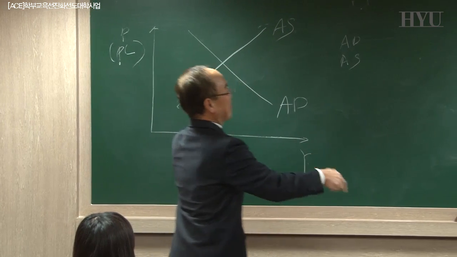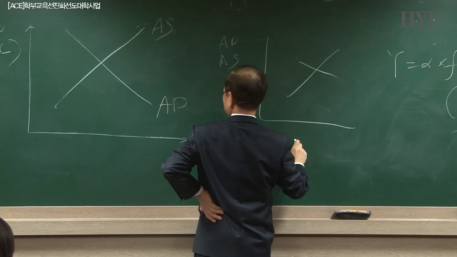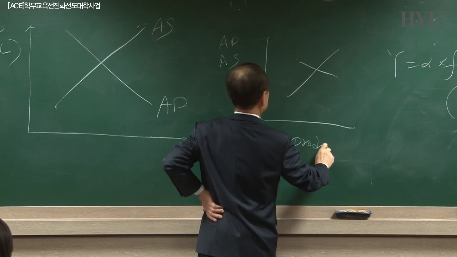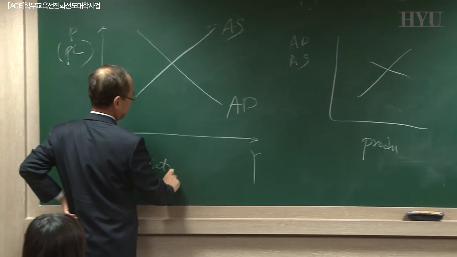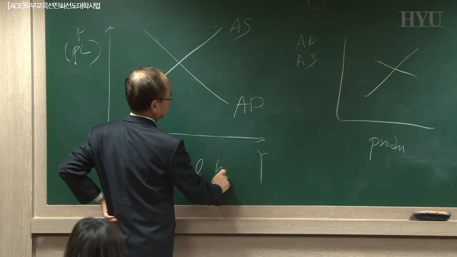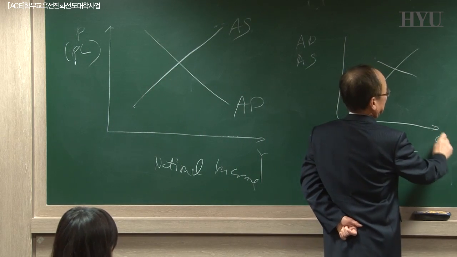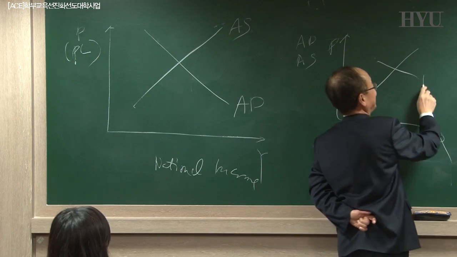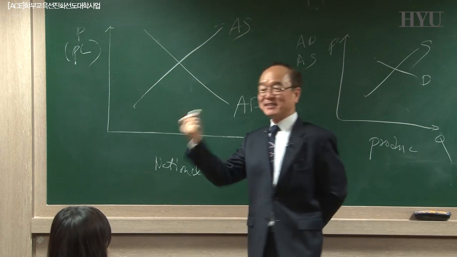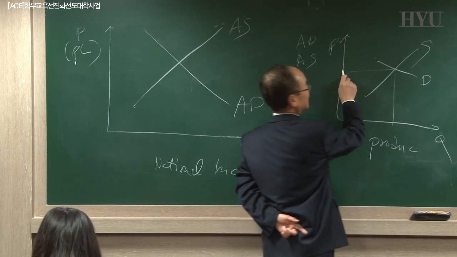One more time, look at these two graphs. This is product, this is, of course, Y, GDP, national income. This is the products market. On the surface, it looks very similar. This is D, this is S. Very similar. Market mechanism, the same thing. This is the only possible equilibrium.